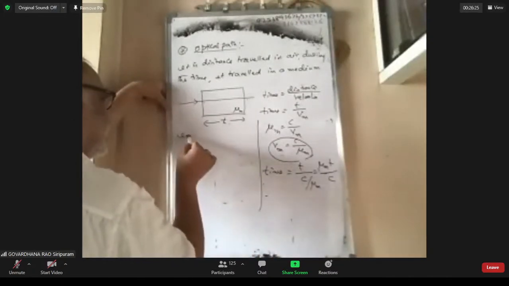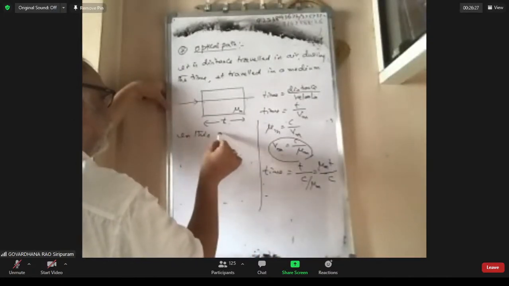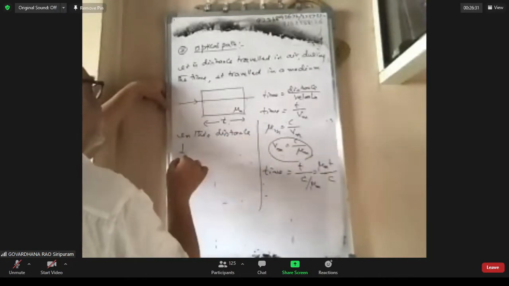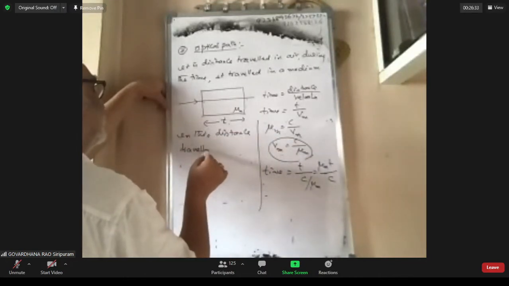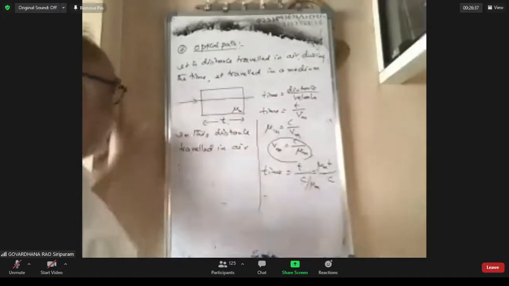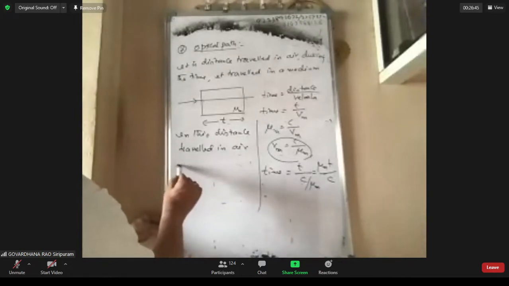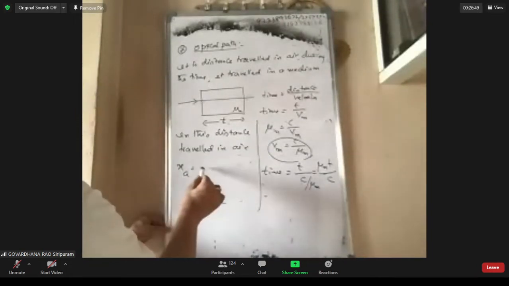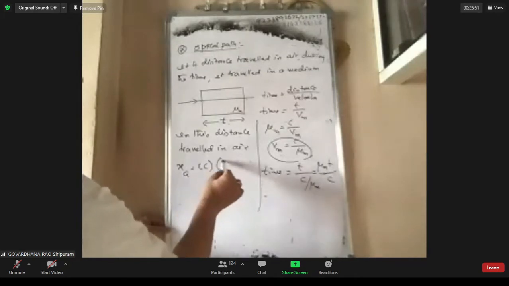Your board is blurred, sir. In this time, what is the distance traveled in air? The distance traveled in air is velocity of light in air into time.